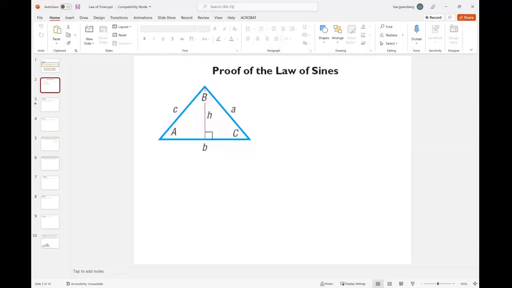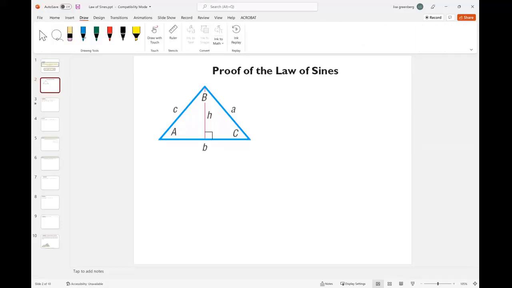So let's take a look at this. If I want to show you how the law of sines comes into being, let's use red. Let's say I have this triangle here, and I want to find the sine of A. Notice that the original triangle is not a right triangle.